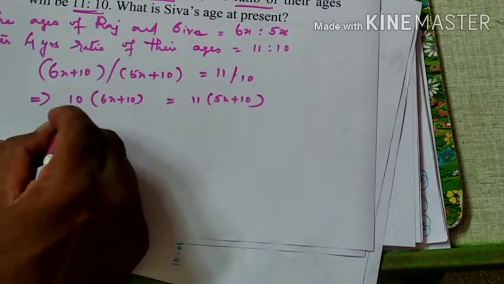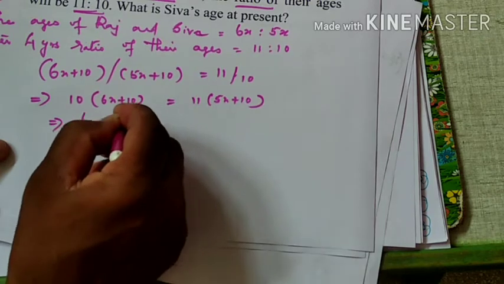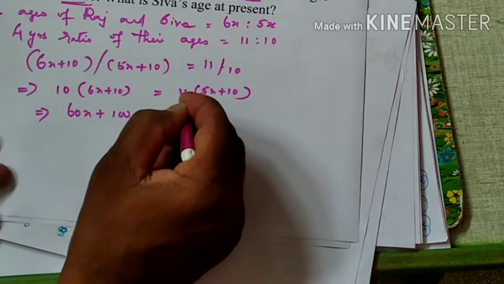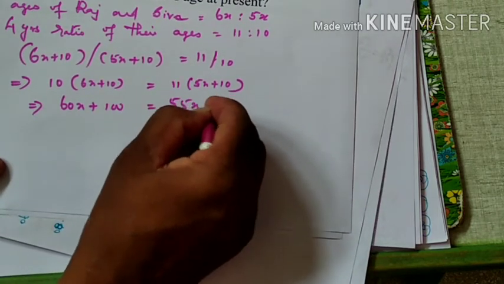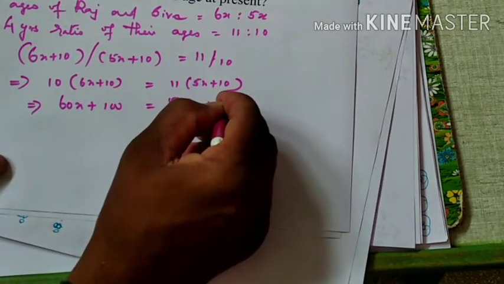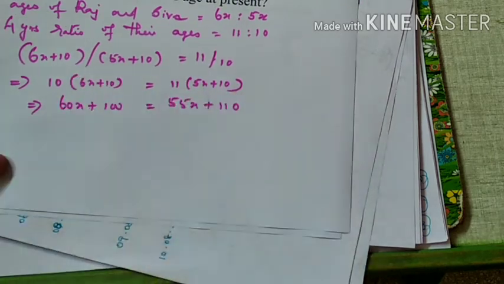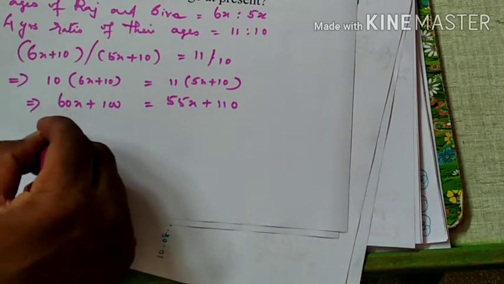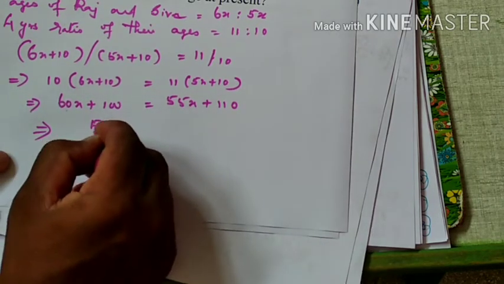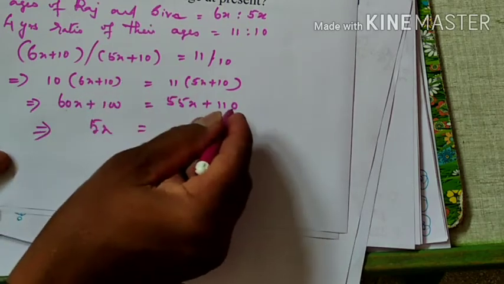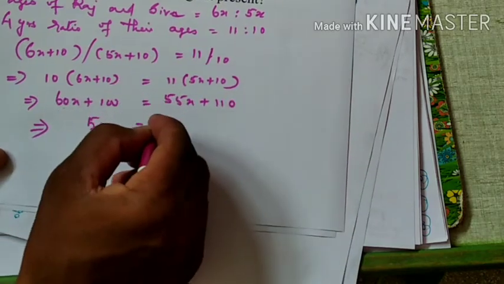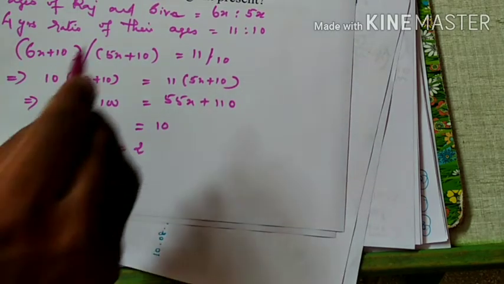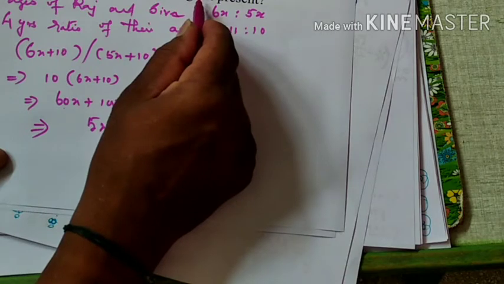Then this implies 60x plus 100 equals 55x plus 110. We'll simplify it again. 60x minus 55x gives 5x. Now the 100 goes to that side, minus 100. 110 minus 100 becomes 10. Therefore x gives 2.